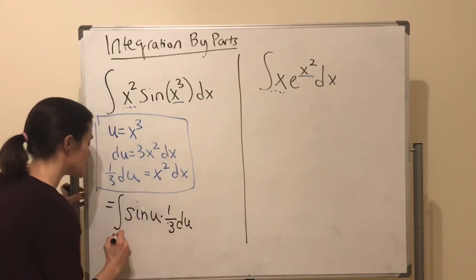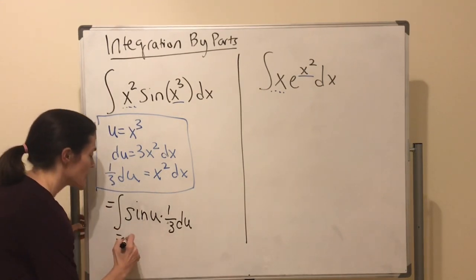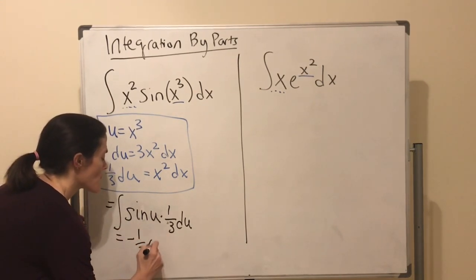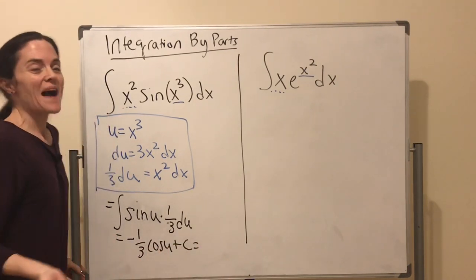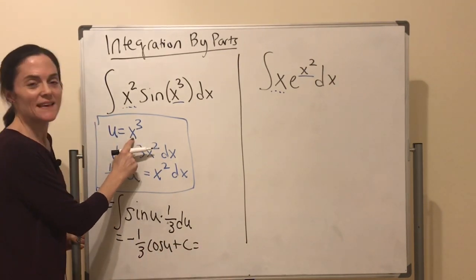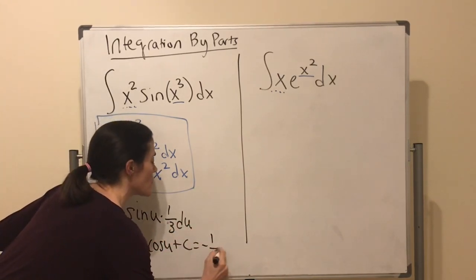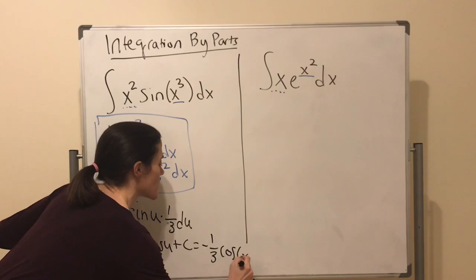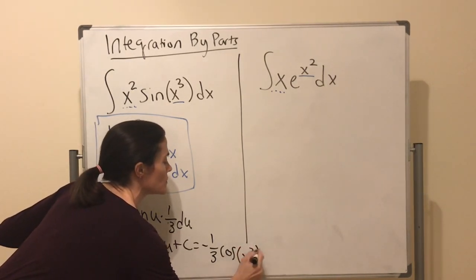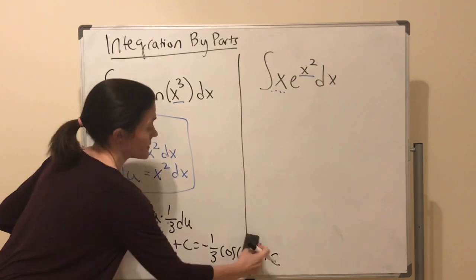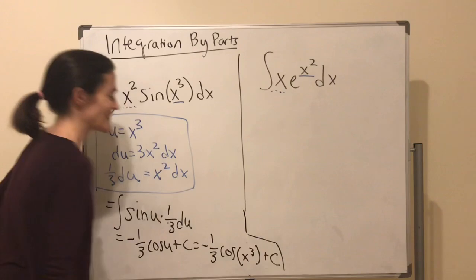We integrate with respect to u. We get 1/3 times the negative cosine. Then we go back using this to our original variable, which is x. So we have negative 1/3 cosine of x cubed plus c. And I have to move this line over like this, okay?